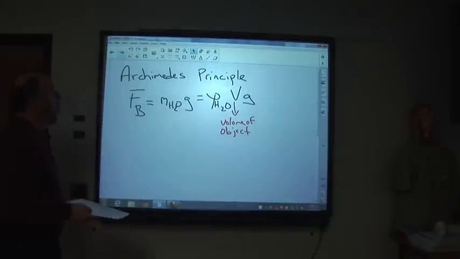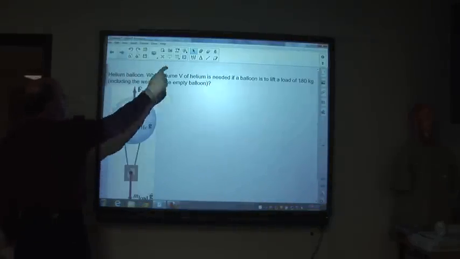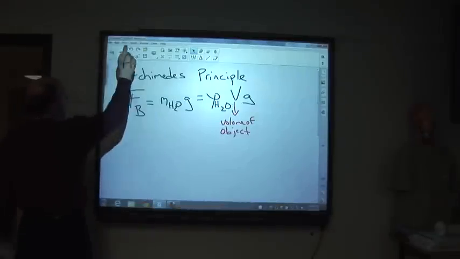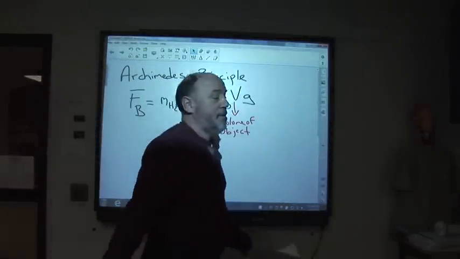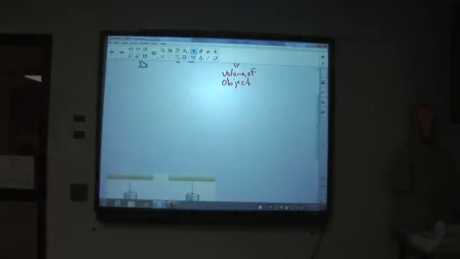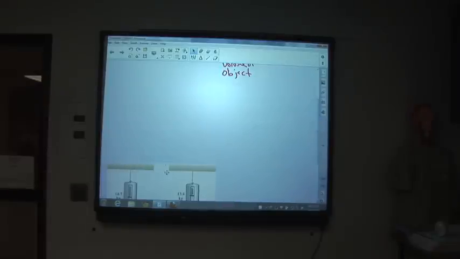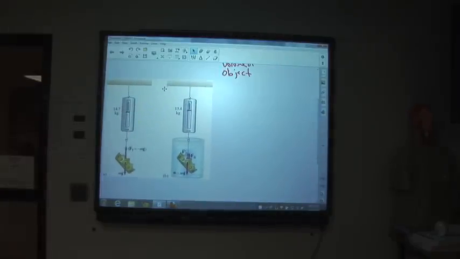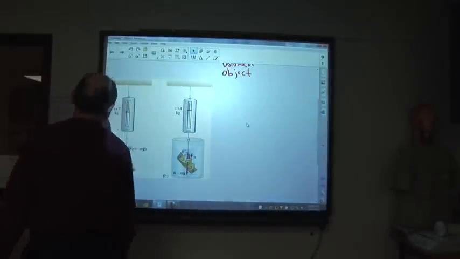Okay. And so we can use this in order to figure out, is the crown made of gold or not? So we have in terms of this, is this crown made of gold or not?